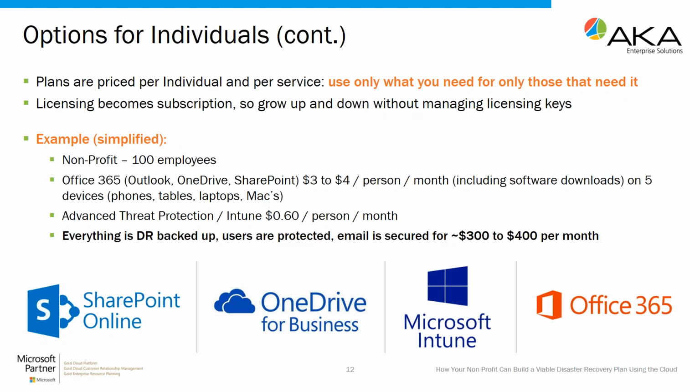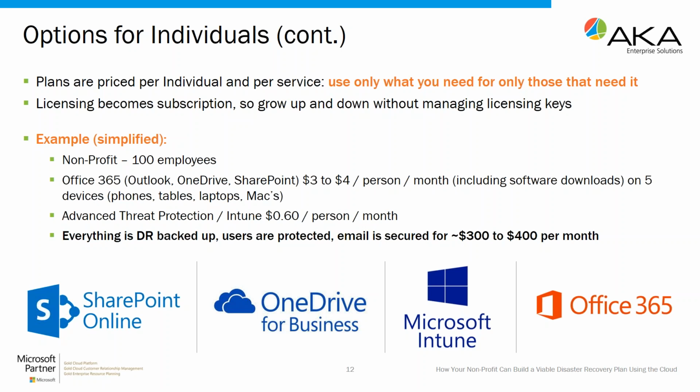Then for those individuals that we're really concerned about their threat protection, we can add on Microsoft Intune, which can get us as low as under $1 per person per month, and make sure that they're fully protected. If we did this scenario across every single employee for the 100 employees for this nonprofit, everything's disaster recovery backed up, users are protected, email secured, documents are located and co-located in SharePoint and in OneDrive, and all of those devices are operating containers.